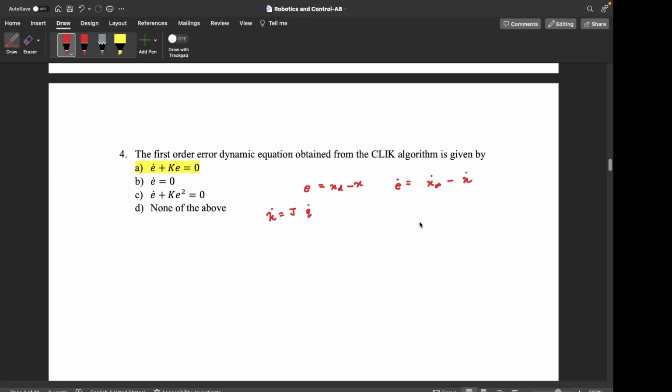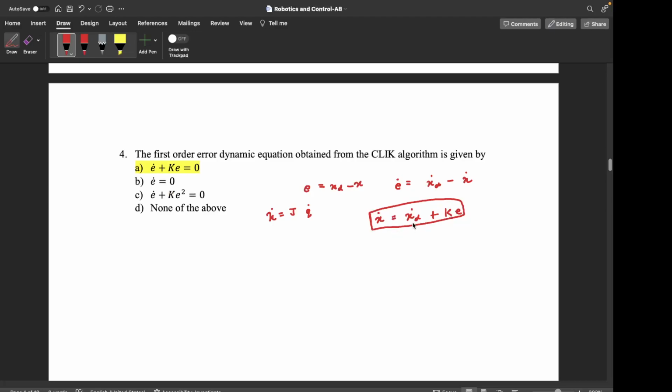So what we describe x dot as is xd dot plus k times E, right? This is sort of our one relation.